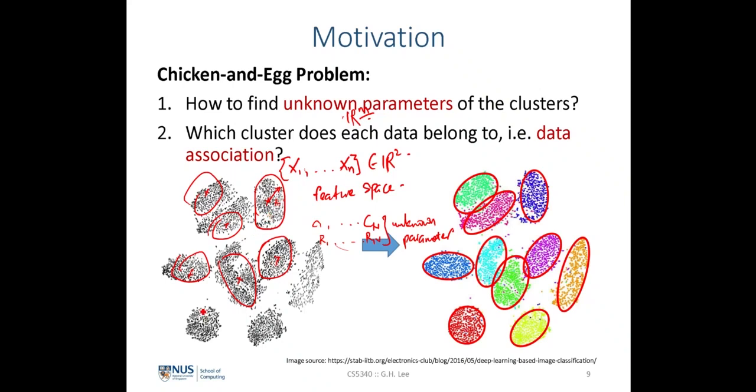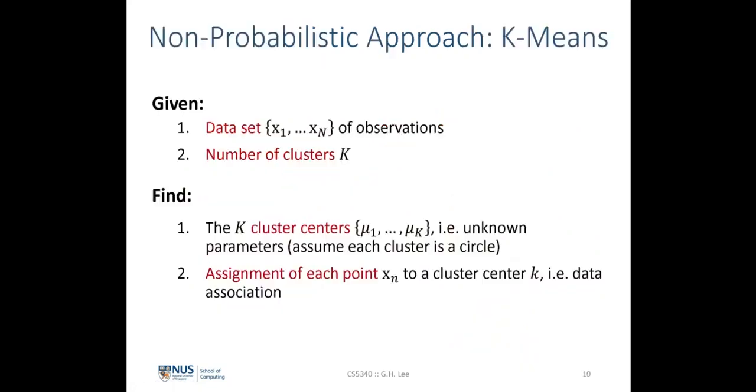And suppose for every feature I know which cluster it belongs to, then I will be able to easily compute the centroid by taking the average of all the features that belong to each respective centroid, and computing the variance of it to be the radius of the circle that characterizes the cluster. But the problem here is that we are facing a chicken and egg problem. This means that we know neither the unknown parameters nor the data association. We do not know which cluster each data point belongs to.